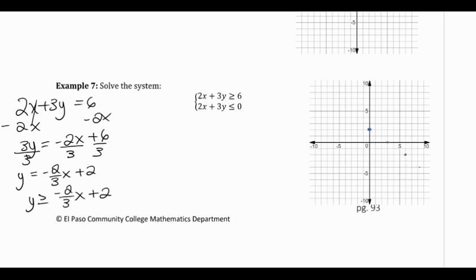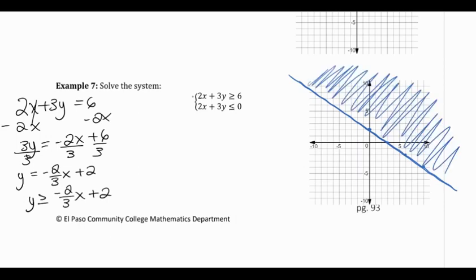And this is a solid line. And for this one, it says that it's greater than or equal to. So we're going to go ahead and shade above. Okay, so that's the first line.